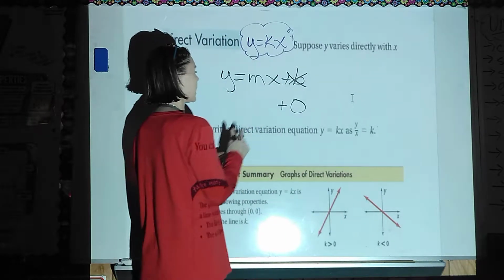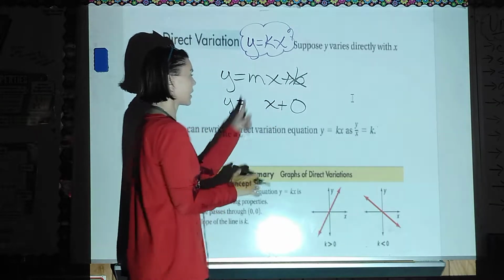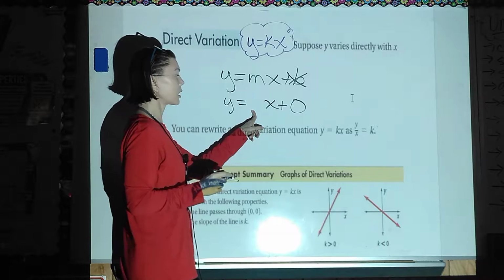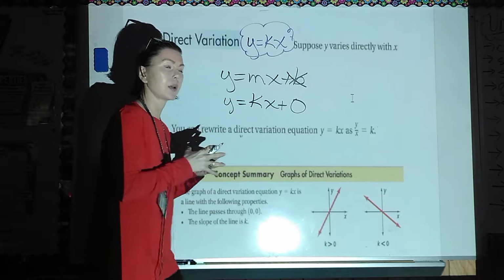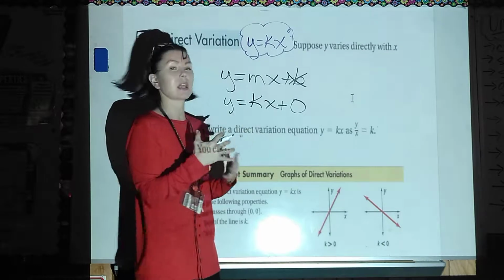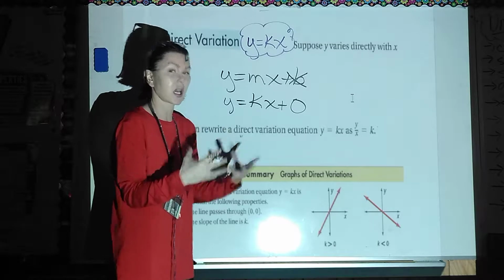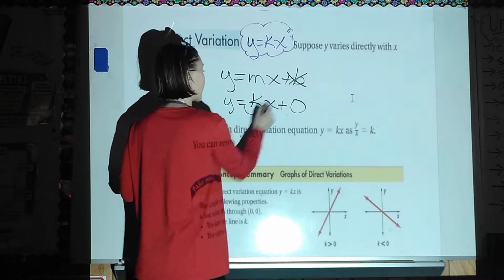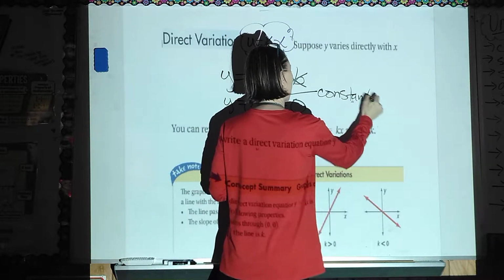And basically, instead of your slope, we're going to name the slope your k. It's still your slope, but we're renaming it k, and k means the constant. So I'd like you to circle that k and write the word constant.